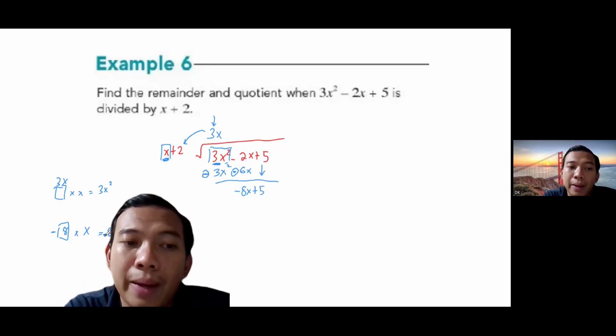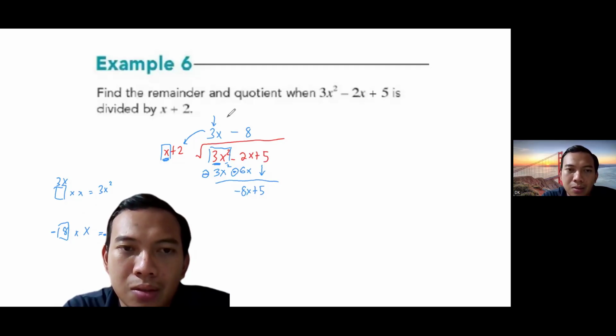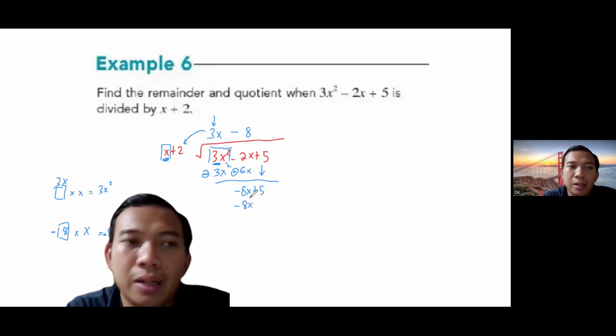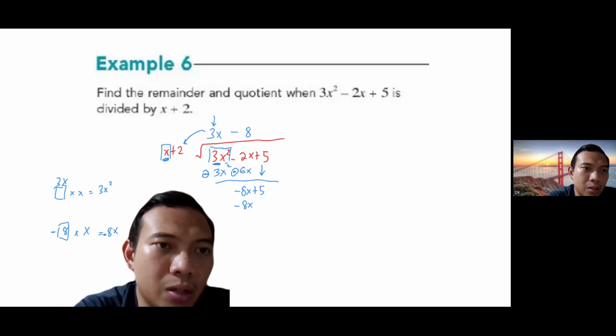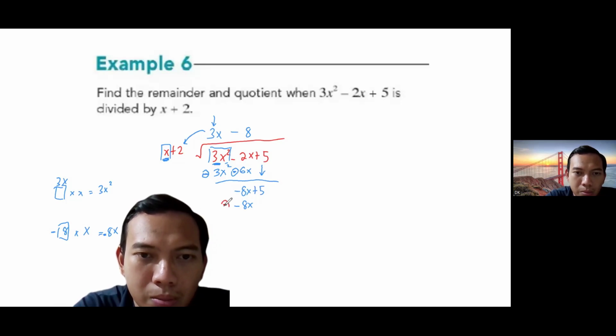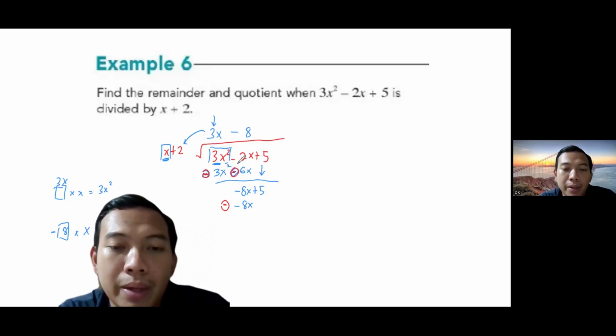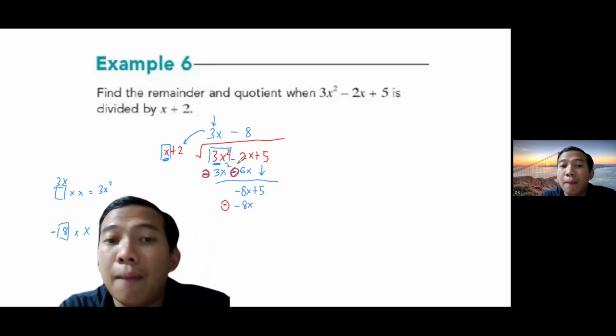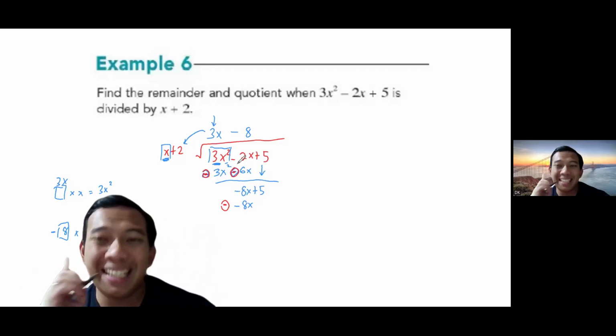So minus 8 times x, you get a minus 8x. Correct? And then again, don't forget, automatically, the one below will always be a minus. So again, I highlight in red to show that it's automatically a minus. So this is something that you need to take note.